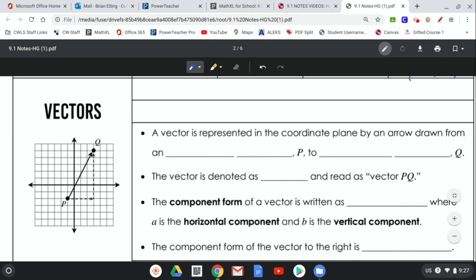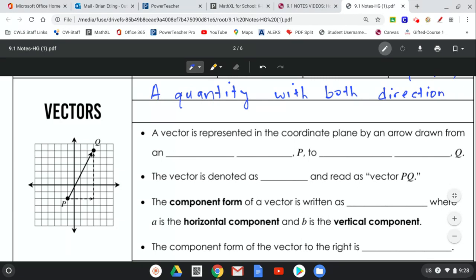So it's just a quantity, like an amount, with both direction. All right, so I think about like northwest, east, south.